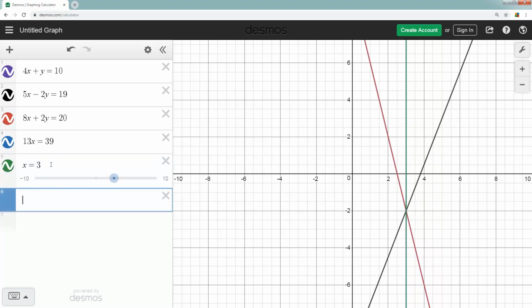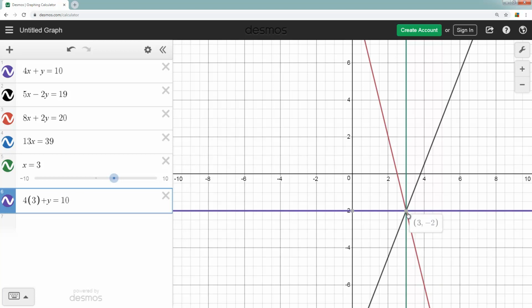So there's my solution for x. X is 3. And remember, we took that 3 and put it in place of x in this one. So 4 times 3 plus y equals 10. Whoops, not 120. 10. So remember, that was 12. Okay, so notice we've got this line here. It's the line actually y equals negative 2.